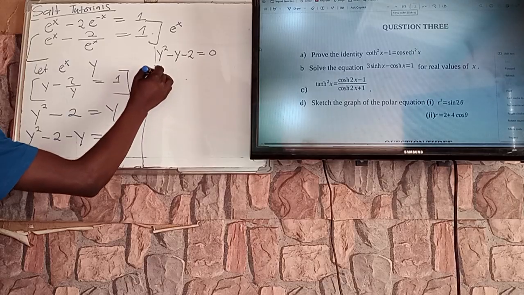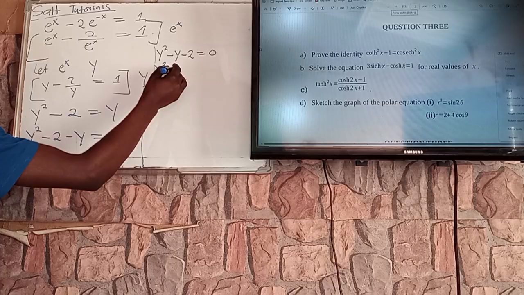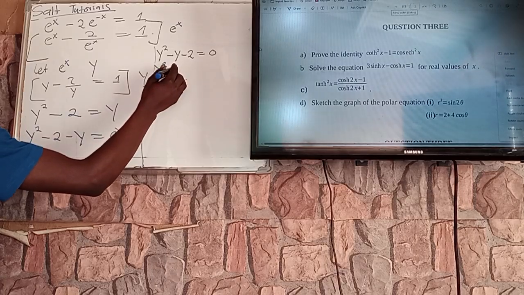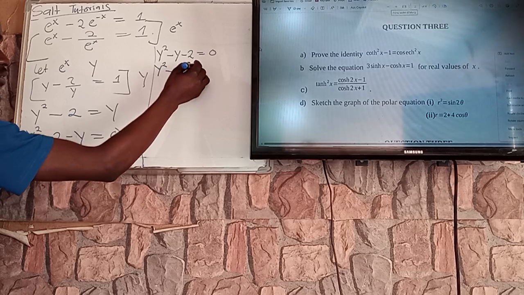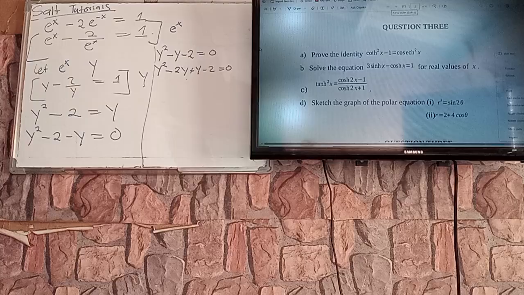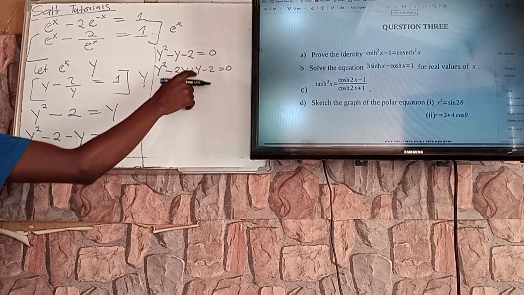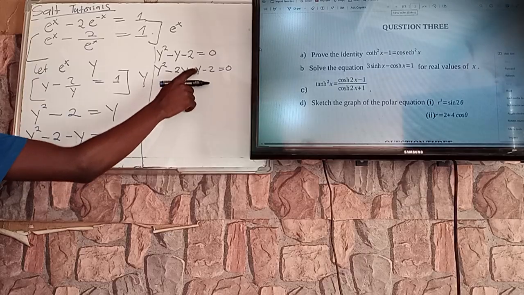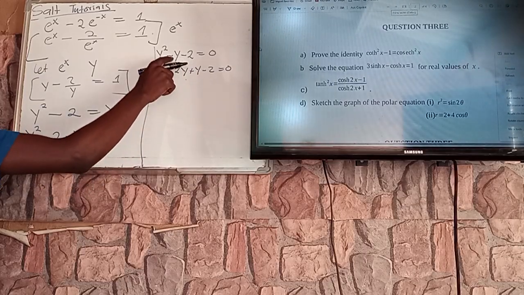So we're talking about y squared minus 2y plus y minus 2 equals 0 in that manner, so that the two numbers are -2 and +1. -2 times +1 is -2, and -2 plus 1 is -1.